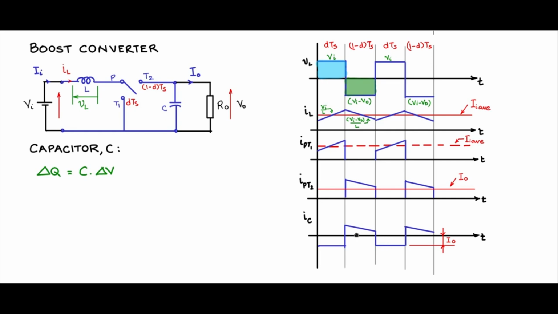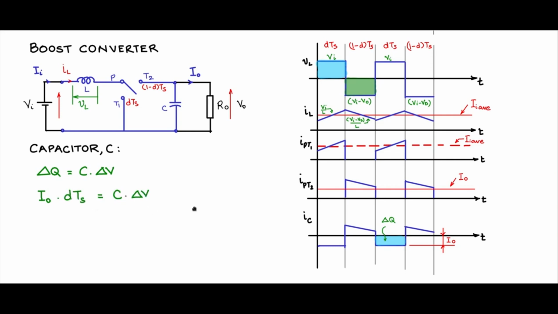In this case, between the (1 minus D) Ts period and the D Ts period, it is much easier to find the delta Q, because this is a rectangle of height I naught and width D Ts. So delta Q, I will replace it by I naught, the height of this rectangle, times the width in the time scale, which is D Ts.